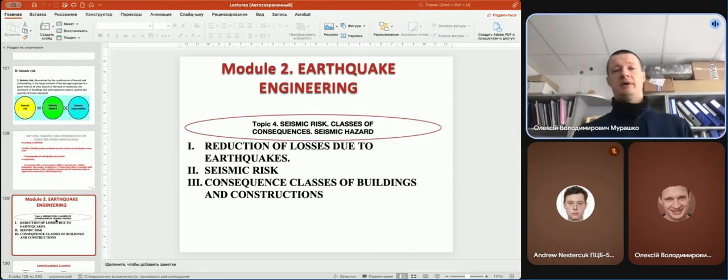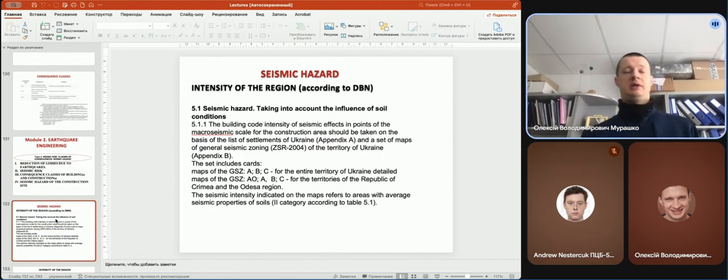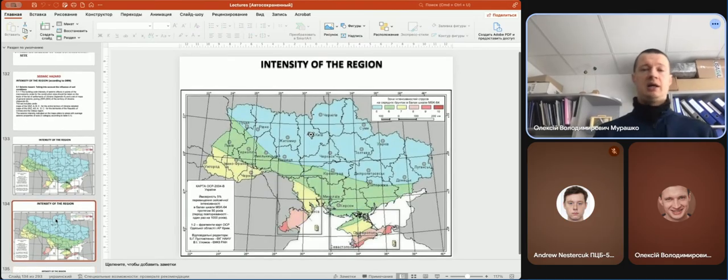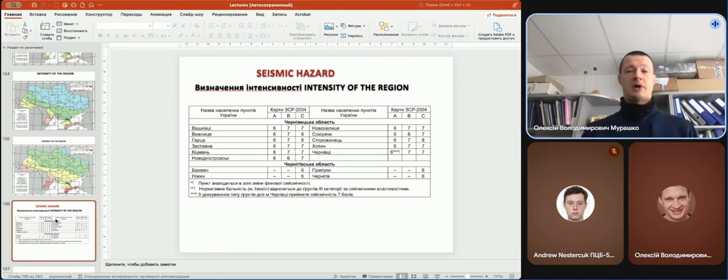Also, we have discussed how we can define a seismic hazard for the exact construction site, and we have to make it in a few steps. First step is to define the seismic hazard for the region where the site is located, and we make it according to the global seismic zoning maps A, B, or C for our territory.